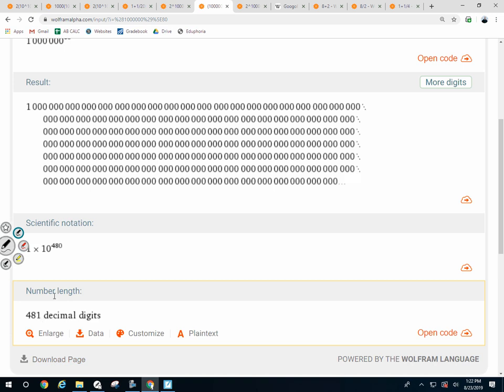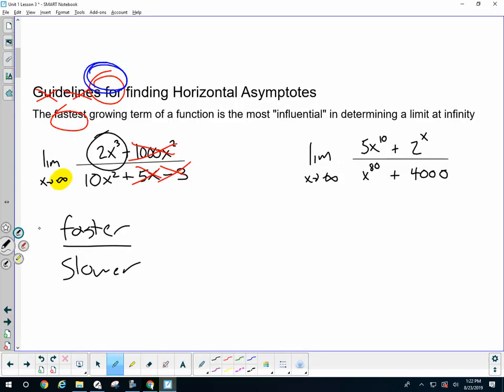We're talking about something that's 301,000 digits long versus one that's 481. So if we keep that in mind, first thing we will be able to do is say that the 4,000 is insignificant, and turns out that 2 to the x is going to dictate what's going on in terms of my function, my fraction.